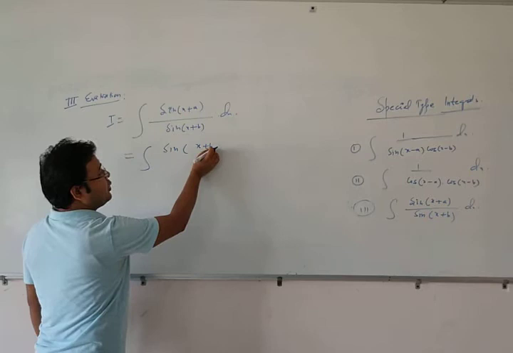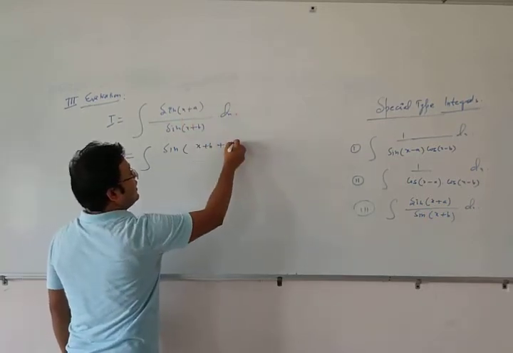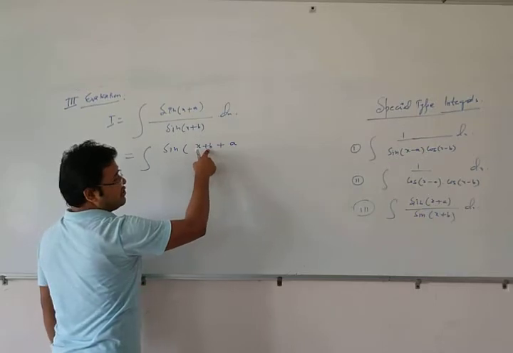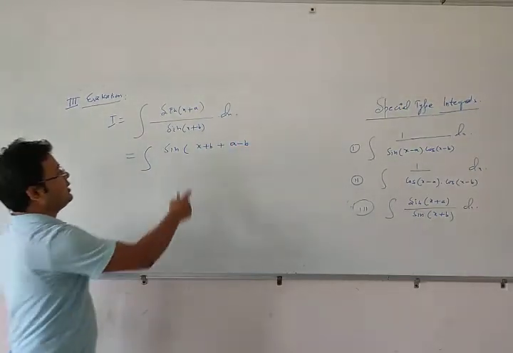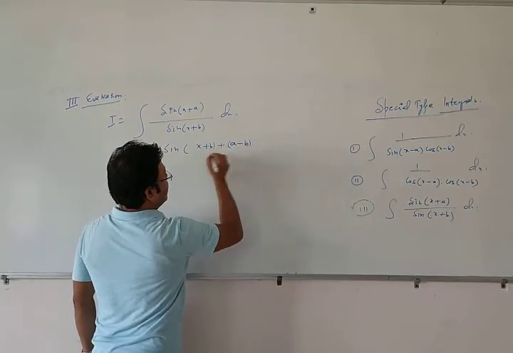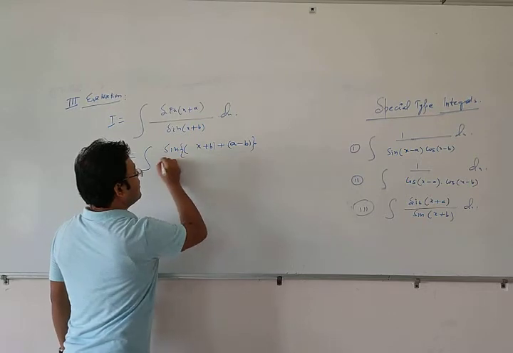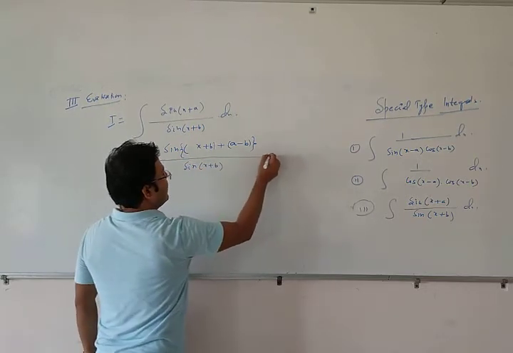The extra term we put here is plus b, and since we have added b as an extra, we have to subtract it. So we can write sin(x plus b plus a minus b) divided by sin(x plus b).